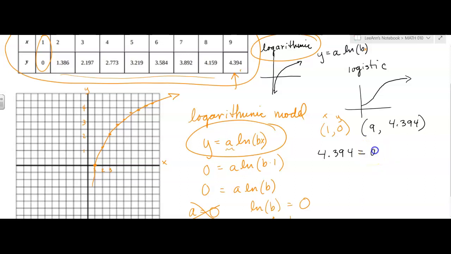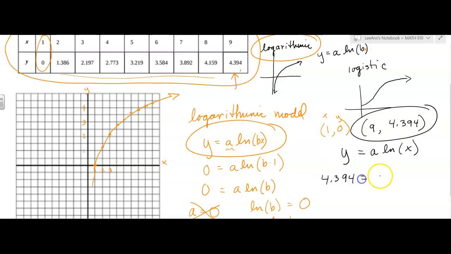No, a we don't know. That's what we're trying to find. ln b is 1, x. That's our formula so far. Now, I should have put a y there. I'm going to fix that. y equals that.